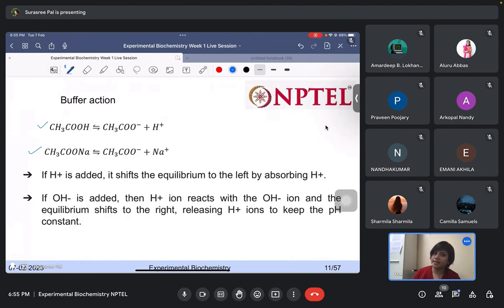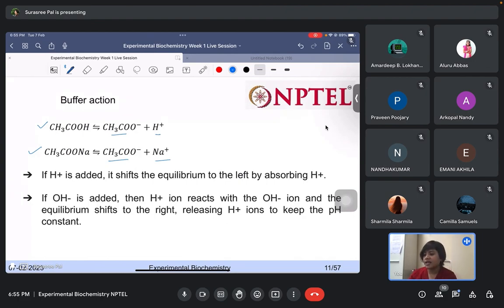So now the weak acid, acetic acid, will dissociate into acetate ion and H plus ion, and the conjugate base will dissociate into acetate ion and Na plus ions, right? So now how do these buffers prevent the change in pH? Suppose you add a few drops of acid to it, so that means the acid will add proton ions, right? The H plus ions will be added.